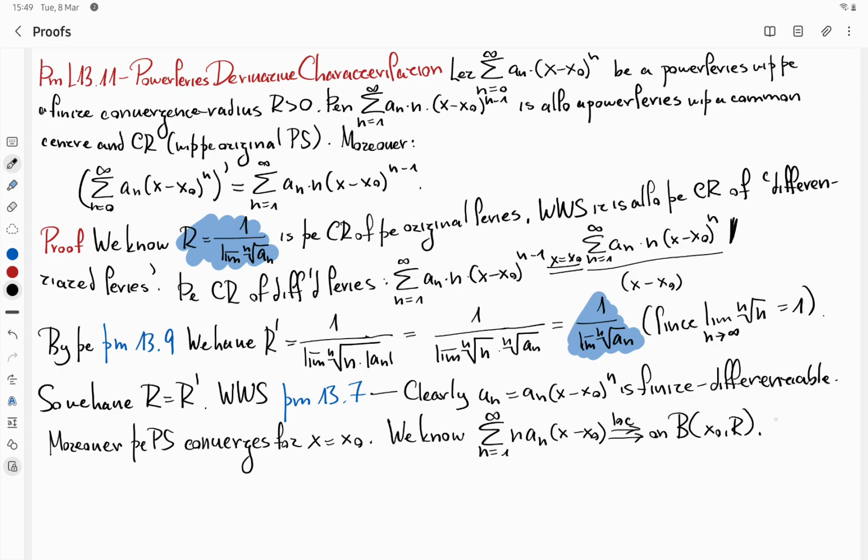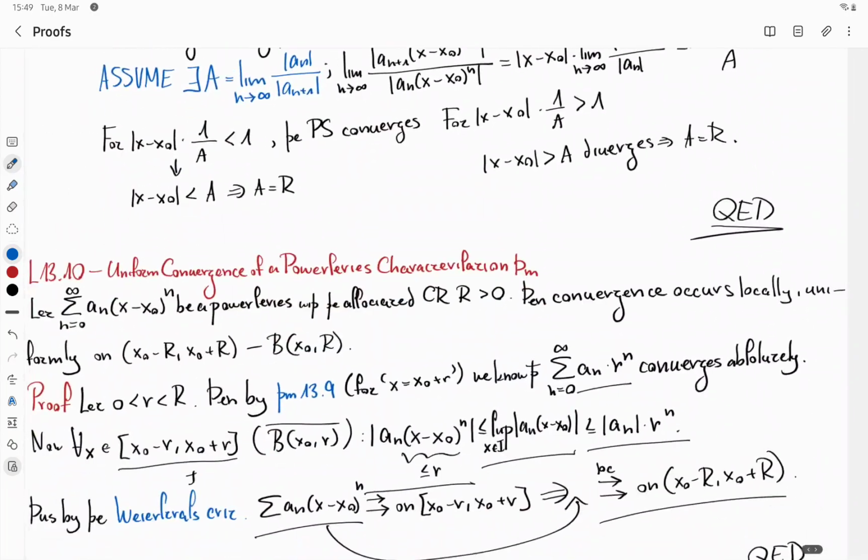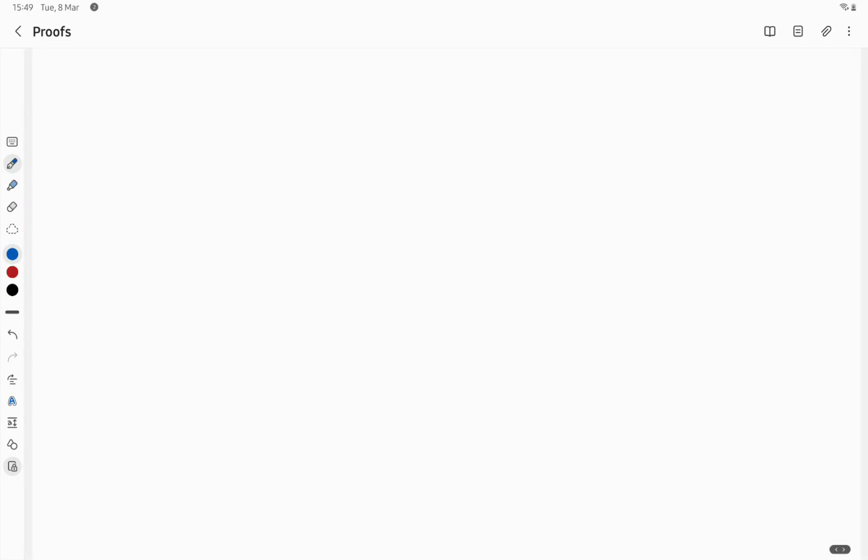This holds by the previous theorem. That was Theorem 13.10. I believe we have it somewhere here. Yeah, right here. Alright, moving on.